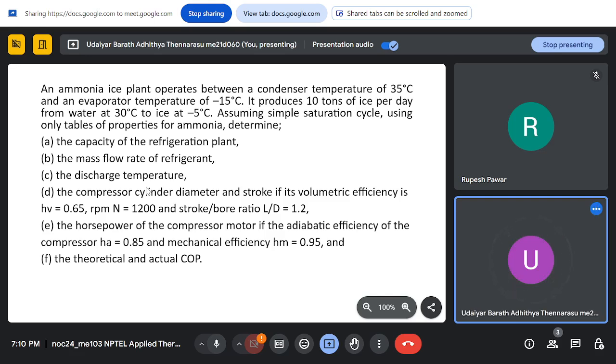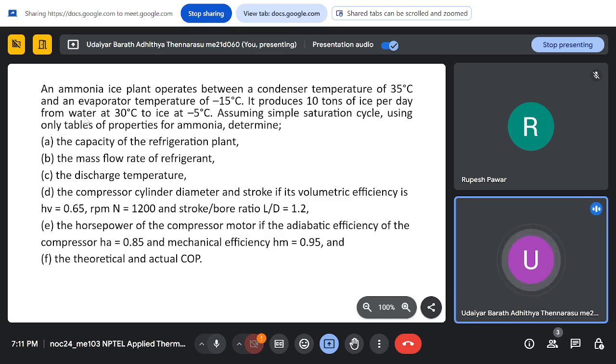So what it basically does is, you have a refrigerator. The condenser temperature is 35 degrees Celsius and your evaporator temperature is minus 15 degrees Celsius, and this is used to produce ice. So for that you are passing water at 30 degrees Celsius and you are getting ice at minus 5 degrees Celsius. You are cooling this water using a refrigerator, and you have to produce 10 tons of ice per day.